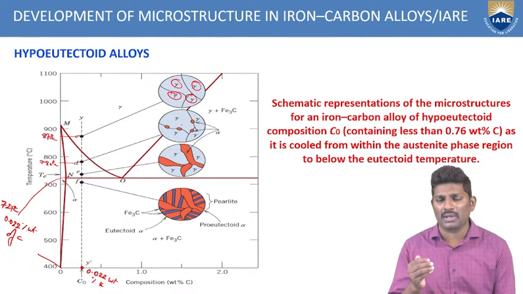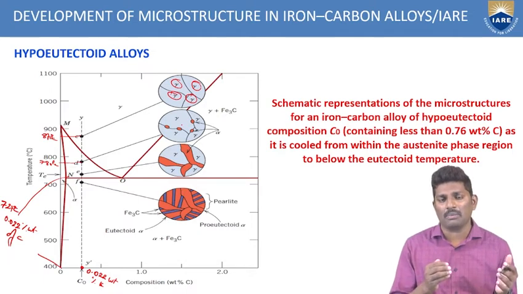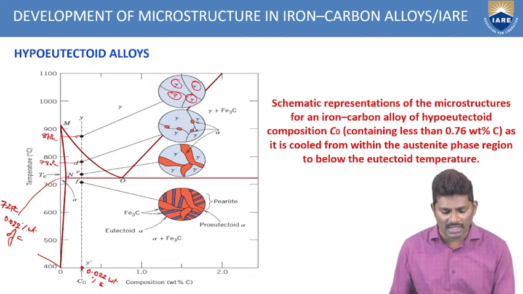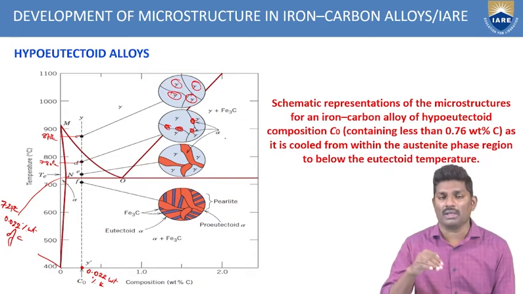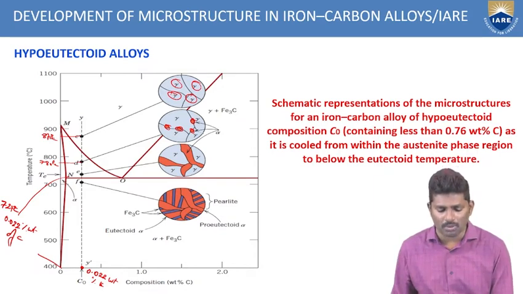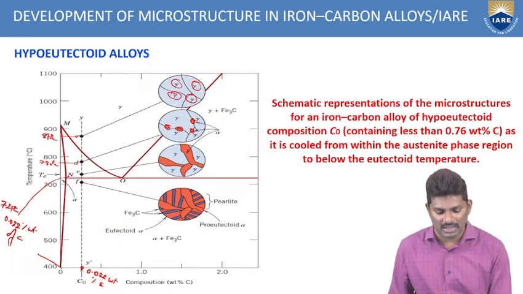Now after cooling, slowly there is some orange thing we are seeing here. These are the alpha particles, that is, some ferrite is forming in the austenite. So it is a combination of both alpha as well as austenite, alpha plus gamma.